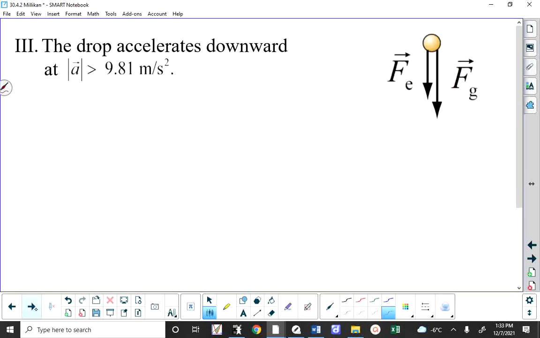What if it's accelerating down? Well, we actually talked about this. If it's accelerating down, it could be accelerating down really fast, like at 12 meters per second squared. And if it is accelerating down, assuming these are the only two forces, at a value that's larger in a negative direction than 9.81, then the electric force must also be down.